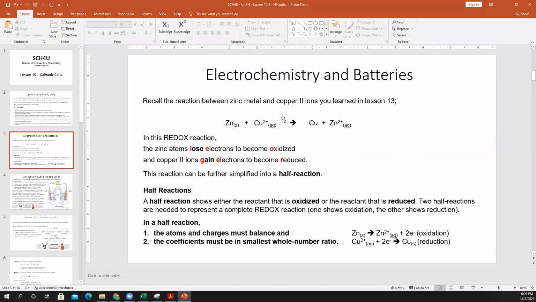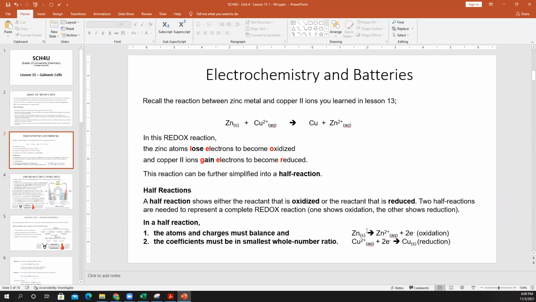So we can take this full redox reaction and write it up as half reactions. And half reactions show either the reactant that is oxidized or the reactant that is reduced. So two half reactions are needed to completely represent a complete redox reaction. One shows oxidation, the other shows reduction. Here I have the two half reactions split up from this redox reaction.